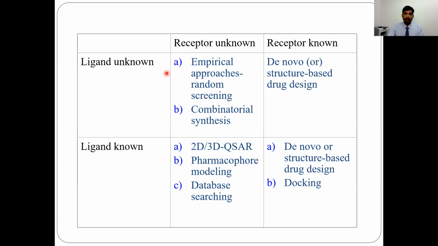Come to the first one, which is receptor unknown and ligand unknown. So the receptor and ligand are both not known. The empirical approaches are random screening and combinatorial synthesis. This comes under our traditional screening, where the receptor is unknown, we don't know where it is getting targeted, and the ligand is also unknown. We don't know what molecule we are using.